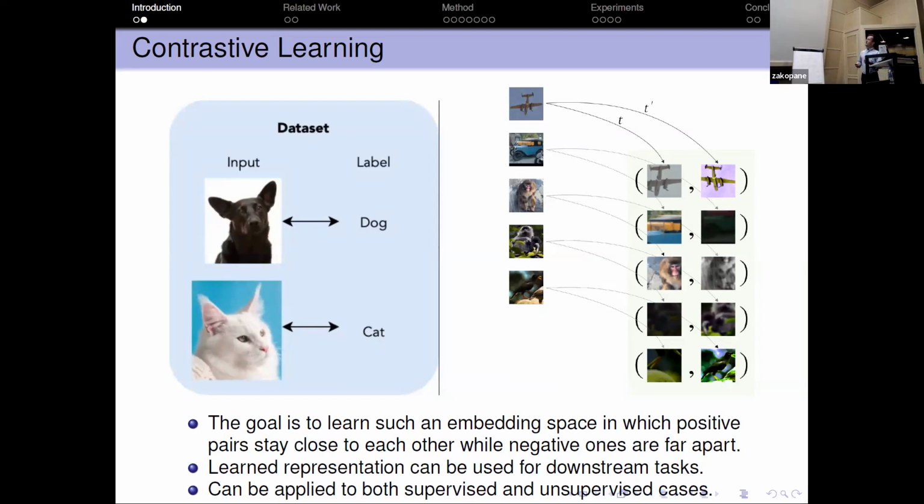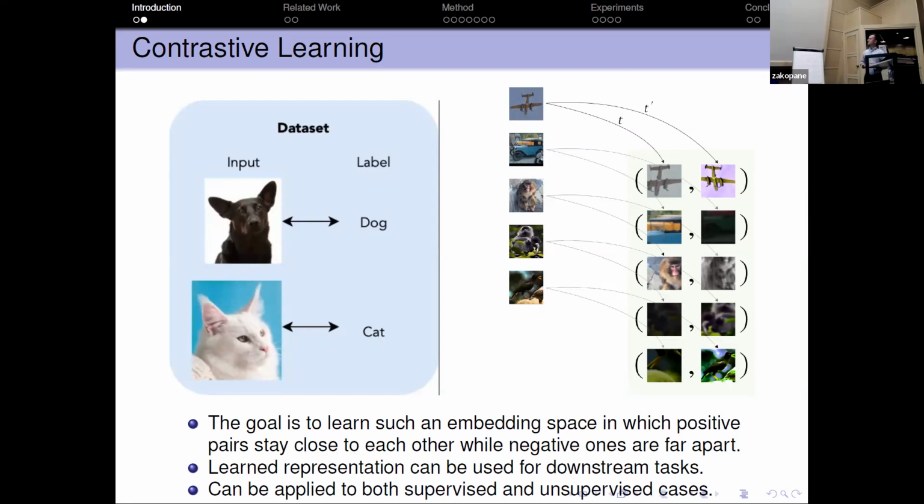So we can have labeled data sets, so we can prepare pairs of data points. In this example, the data points would be images. When we have labeled data, we can provide pairs of images, and we know what is a positive pair and what is a negative pair. So what is similar and dissimilar, because we know the labels.